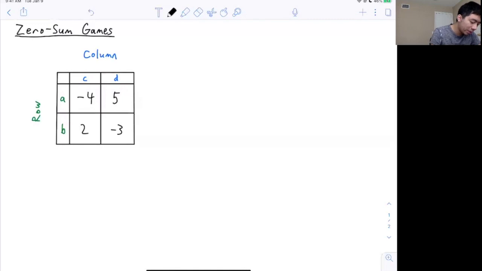So instead of picking a pure strategy where row just picks one of the two actions, what we're going to do is use a mixed strategy.